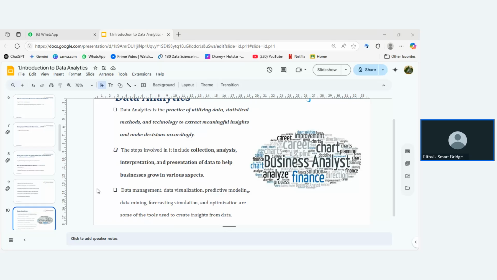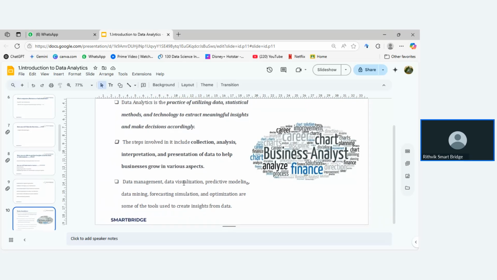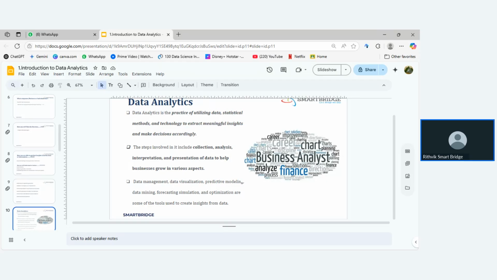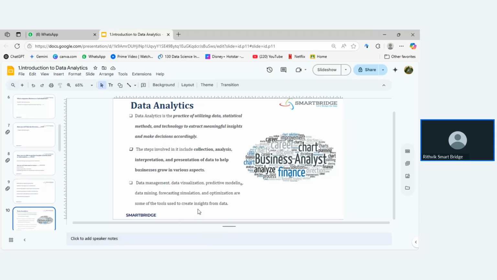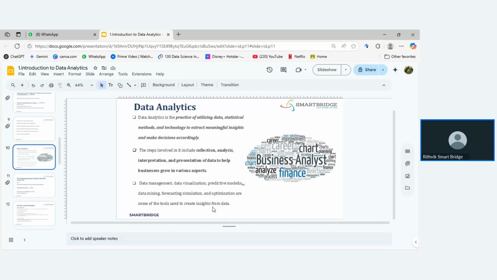Forecasting and optimization are all tools used to create insights. Among them, one tool we are following is data visualization.